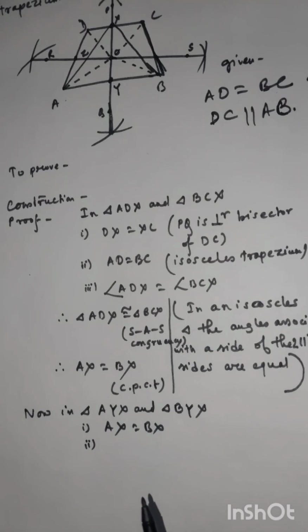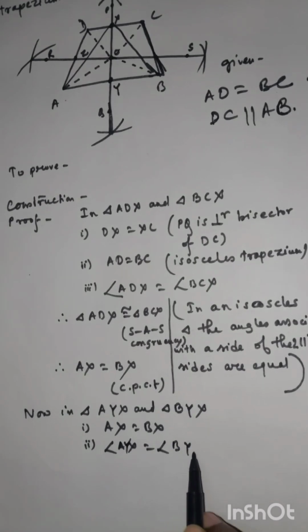Angle AYX equal to angle BYX equal to 90 degrees, and XY is a common side.